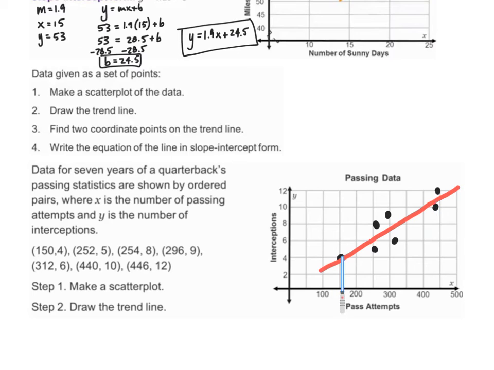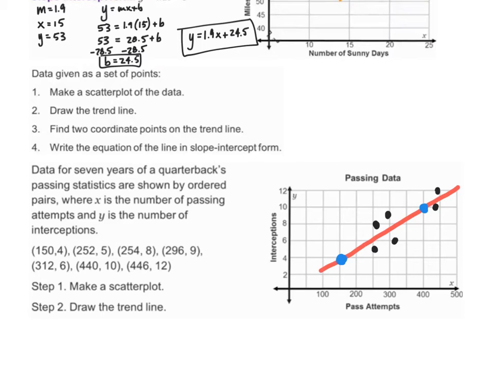And sometimes they do go through. So now let's identify a couple of points that are actually on this graph, okay? The ones that I'm going to identify are this one here and this one here, okay? And I'm just estimating these, okay? However, these are now my points that I'm going to use to write my equation.